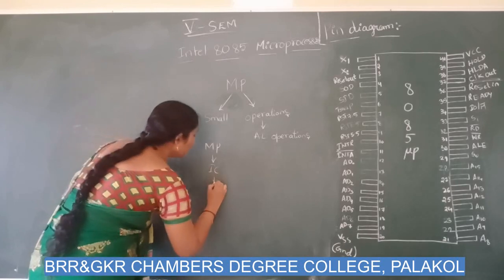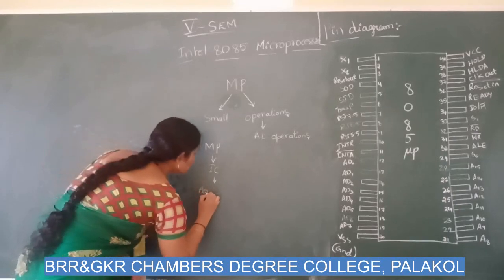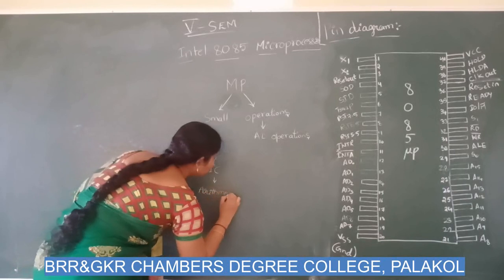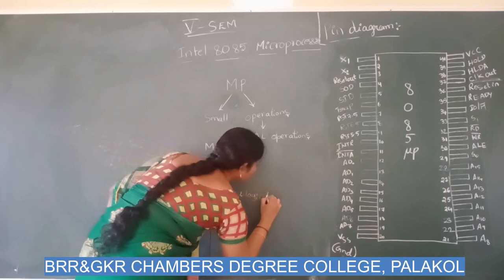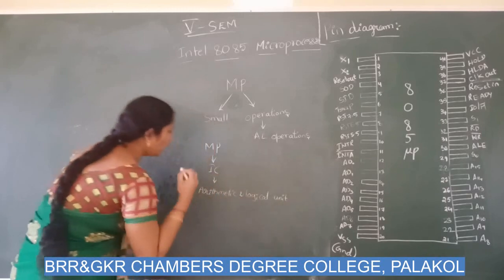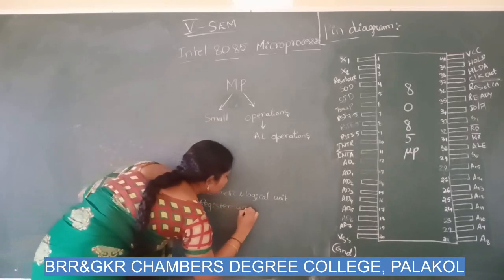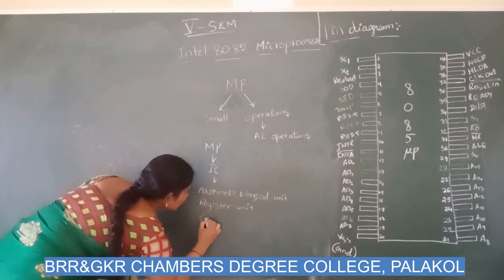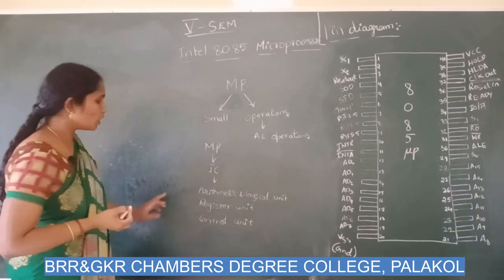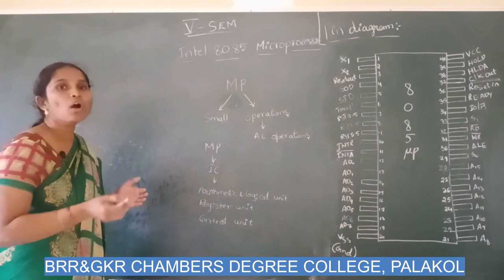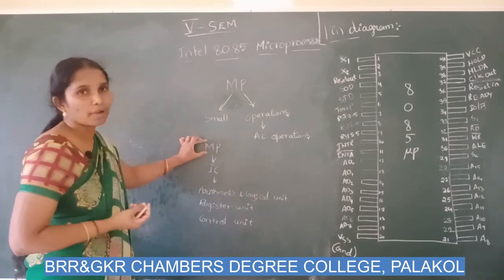So a microprocessor is an IC which includes an arithmetic and logical unit, a register unit, and a control unit. All these devices are fabricated in a single IC. So that is nothing but a microprocessor.